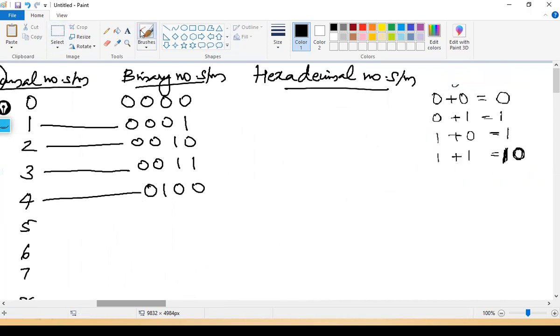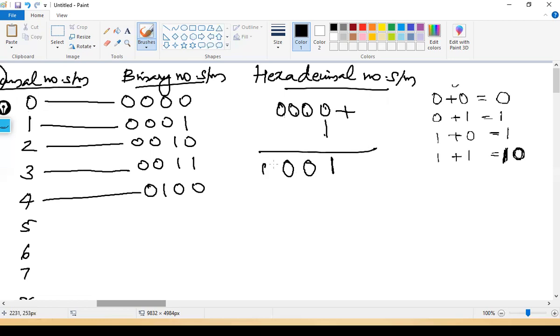Now, I told you every time we will keep on adding 1. The binary value of 0 is 0, 0, 0, 0. Plus 1, what is the value? 0 plus 1 is 1, and the other 0s come down here.